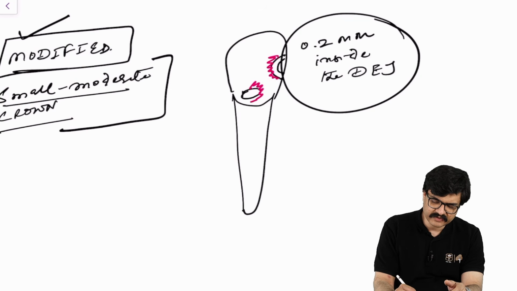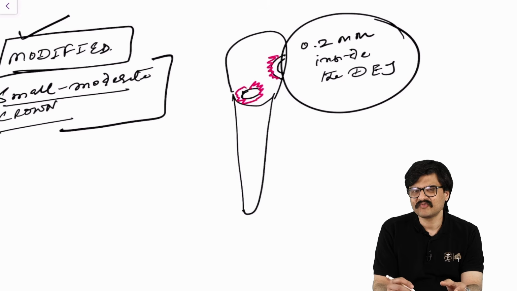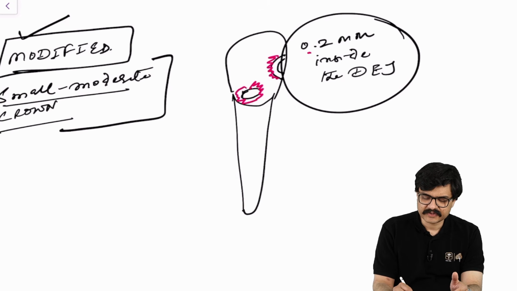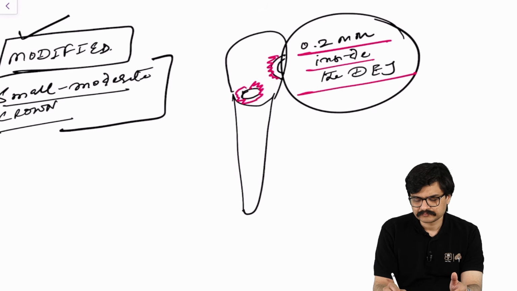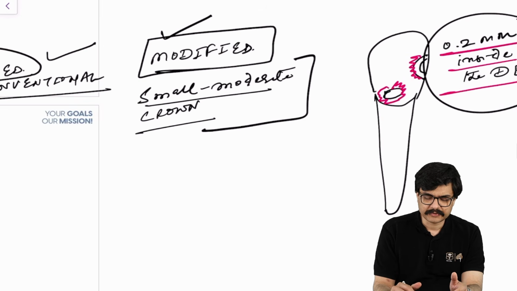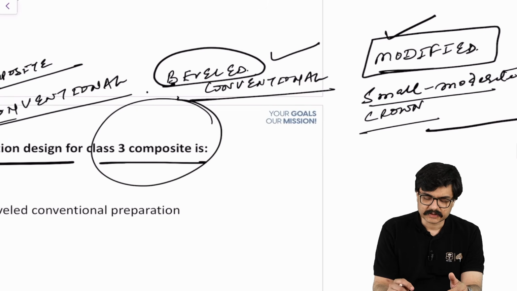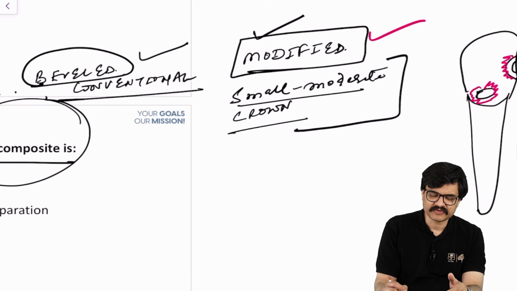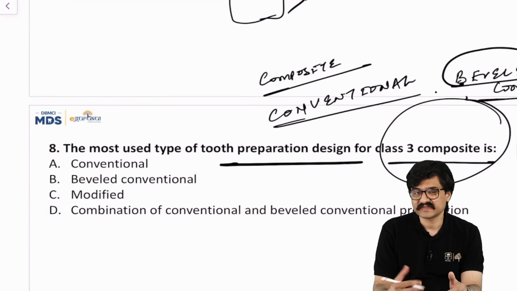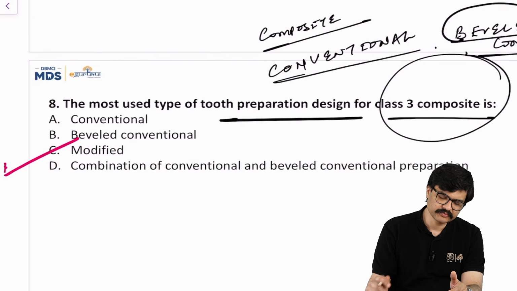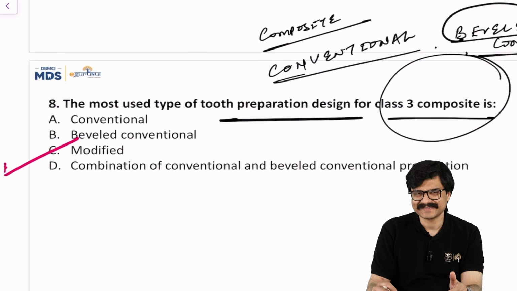So you don't really require any secondary retention grooves, right? So therefore, your initial depth is also pretty shallow, and you're relying on micromechanical bonding. And this modified prep design is actually the one which is most conservative for a composite, and that's why it's the most used. Most commonly used is the modified prep design.